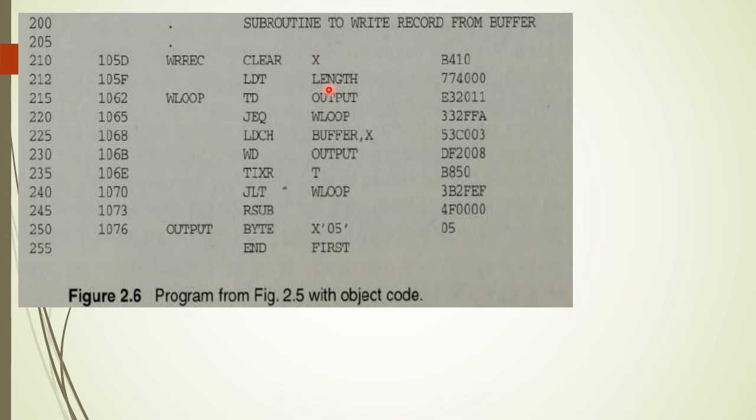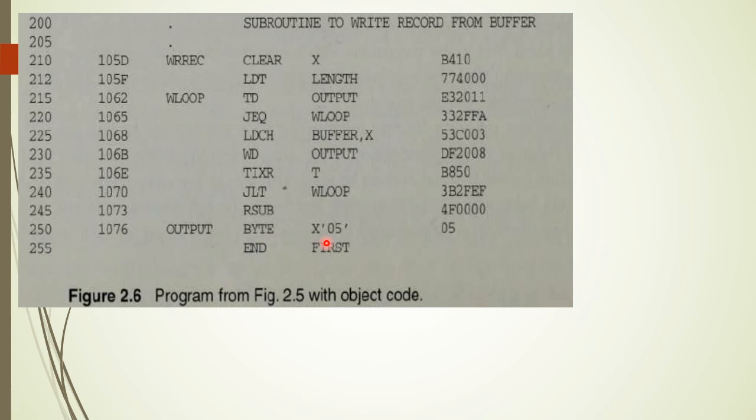If the operand is not a register, then it belongs to format 3. If the opcode is prefixed with a plus, then it belongs to format 4. The length of that instruction is 4.